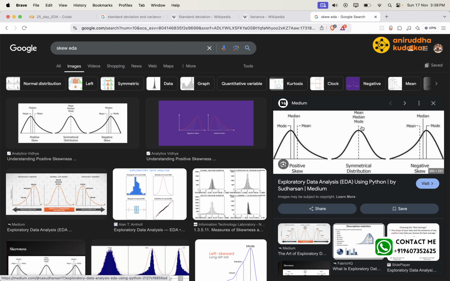If the mean, median, and mode are the same, it is a symmetrical distribution, where the data is normally distributed.